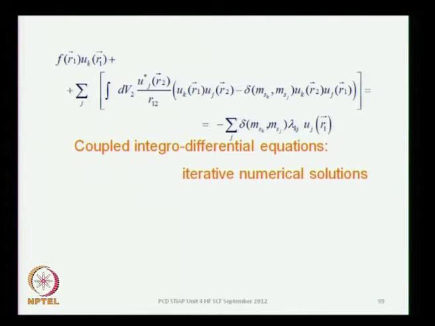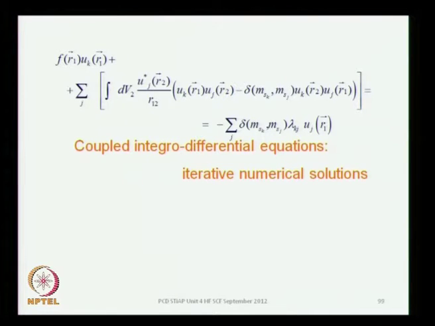Why coupled? Because here you have u_k(r1), but here in this integrand you also have the u_j(r2), and these get summed over j going from 1 through n, right. So, all the other orbitals are also included there in some sense. So, these are coupled equations. They are integral differential equations.